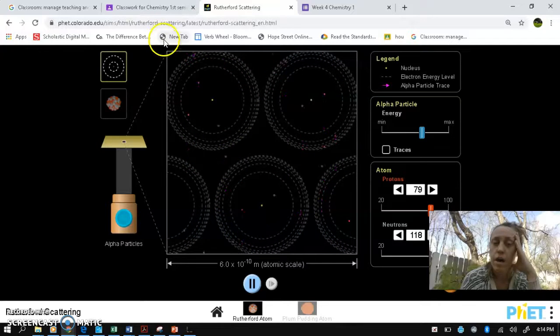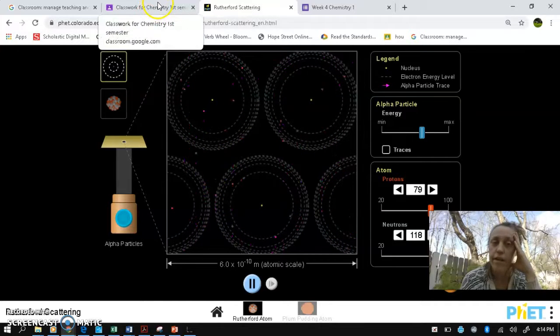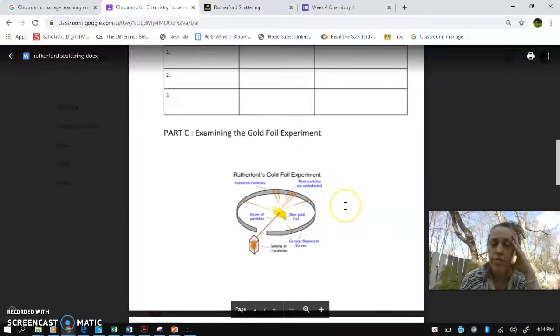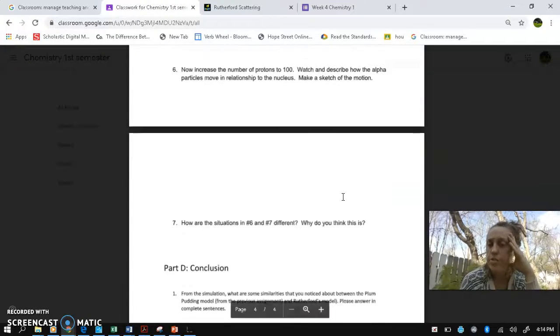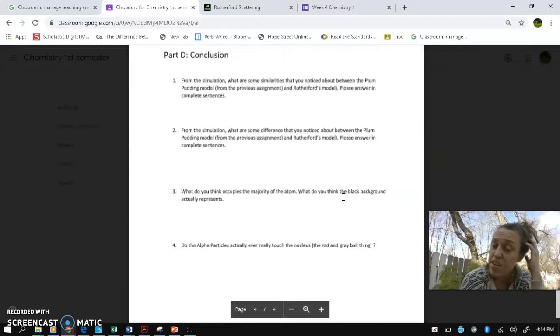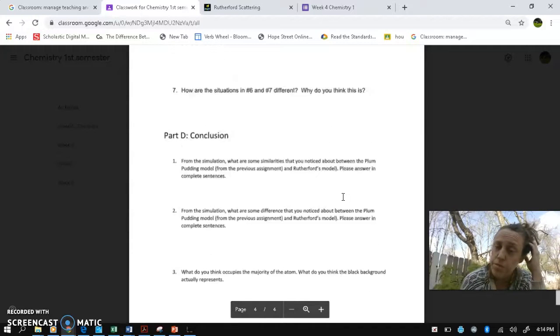So you have the gold foil experiment, and you're just going to keep following those directions. This is fairly simple, guys. Fairly simple.